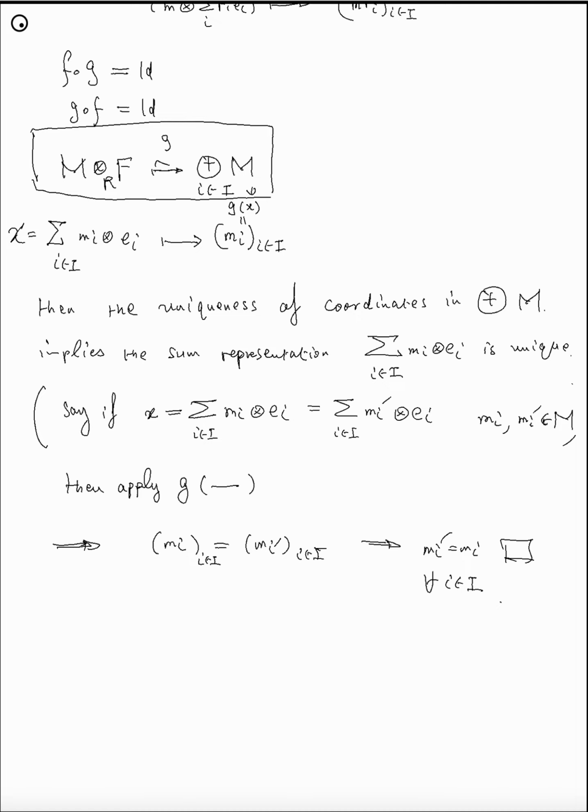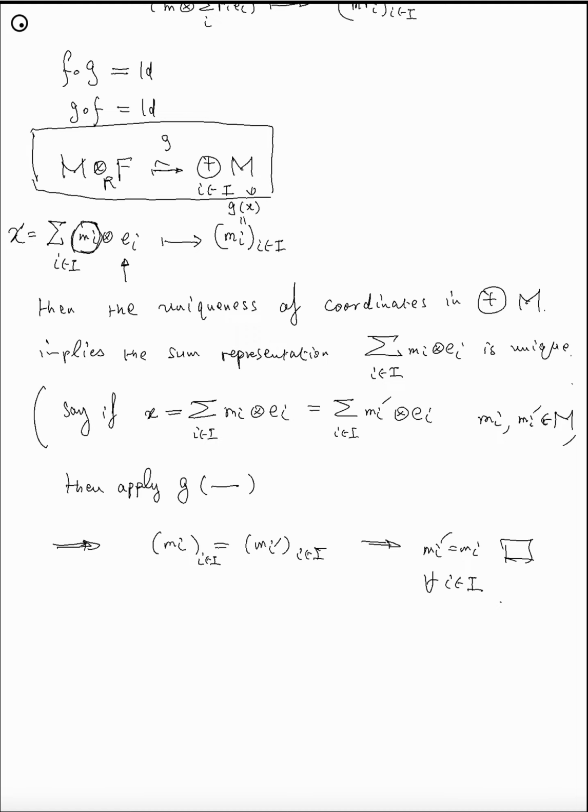This is more or less telling you how to think of elements in the tensor product of M tensor F over R. An element is uniquely determined by the corresponding component in M for each basis element e_i.